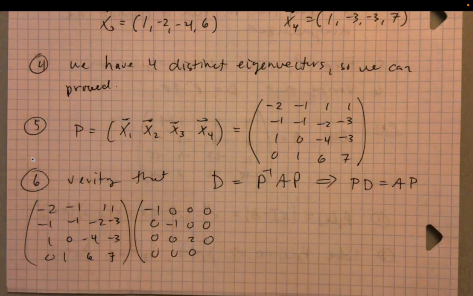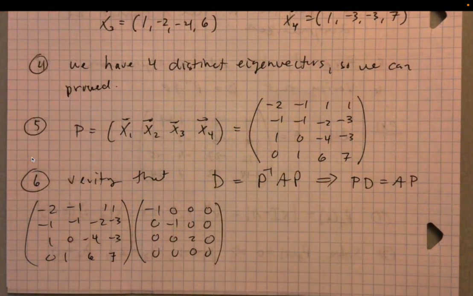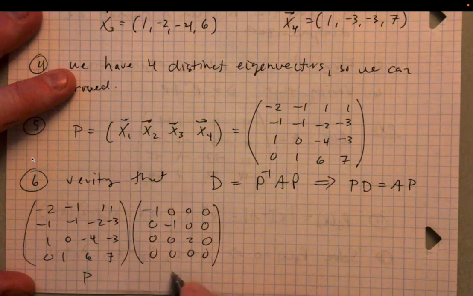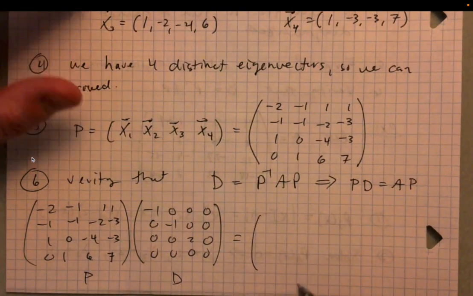Is it 0? Did I write that down right? Was the last eigenvalue 0? Yeah, 0. So that's your diagonal matrix. This is your P, this is your D, and then your A, of course, is just the matrix we started with.